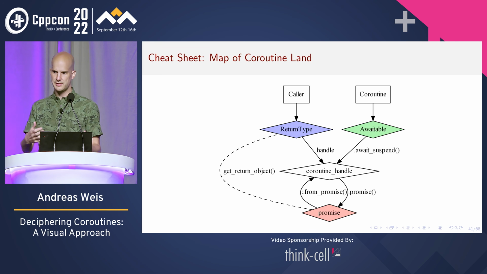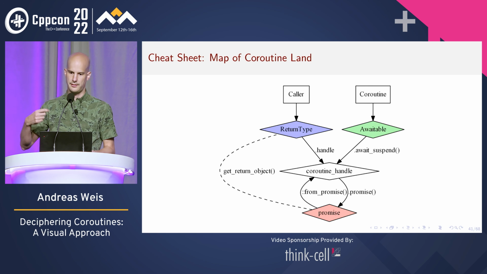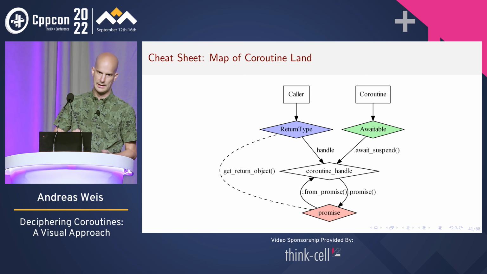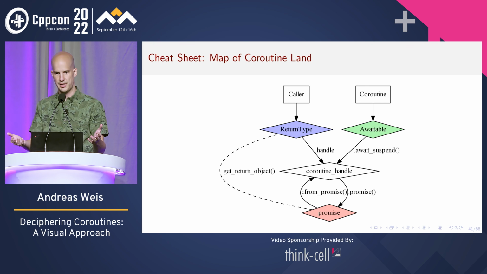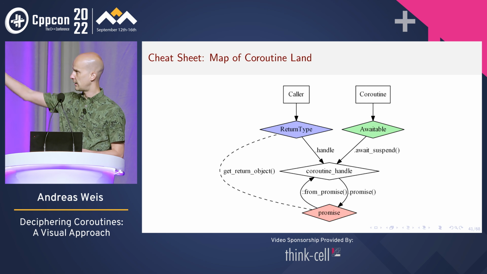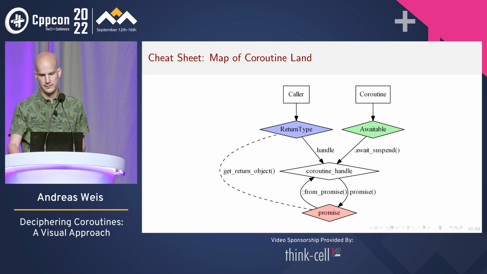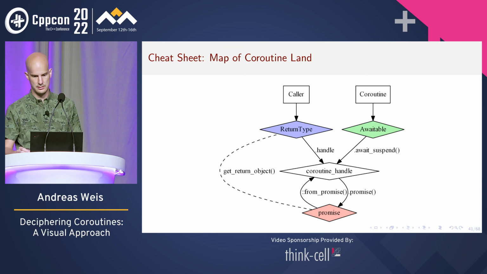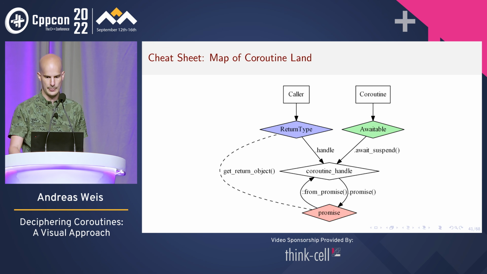So in the await_suspend call, the awaitable will actually get passed this coroutine handle as an argument. And this is something that gets generated by the compiler, right? So we don't have to worry about it. And then you again see on the left the connection between return type and promise to get the return object. And with this, we now have all of the pieces connected, and now we can actually start writing some interesting code here.